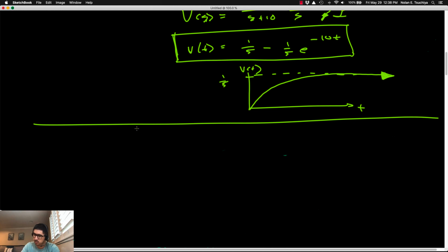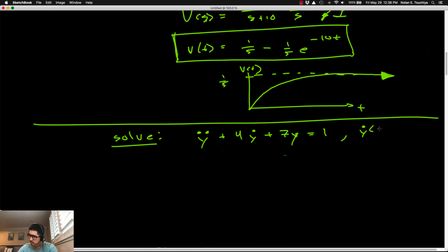Okay, so I'm going to leave this as a challenge problem for you to solve this differential equation. So this is y double dot plus 4y dot plus 7y is equal to 1. And the initial conditions are y dot of 0 equals 1 and y of 0 equals 0. So solve this.